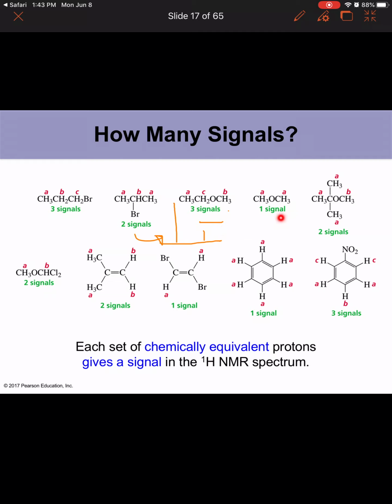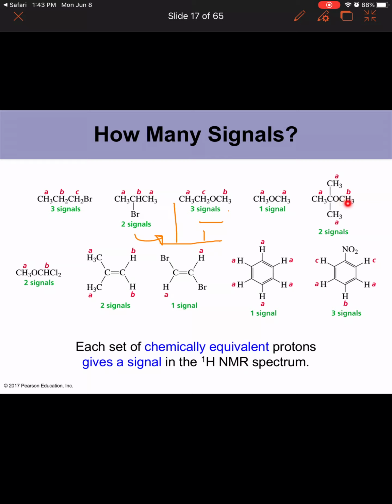And on the next one, dimethyl ether, you can see these 3 hydrogens on this carbon, these 3 hydrogens on this carbon, both are connected to oxygen. So you can see these 6 hydrogens are in the same chemical environment. So there's going to be 1 signal. Likewise, we can look at each one separately and see if these numbers of signals make sense.